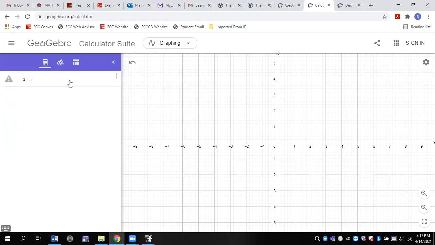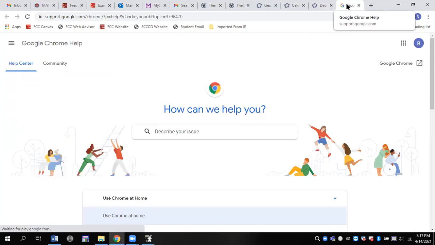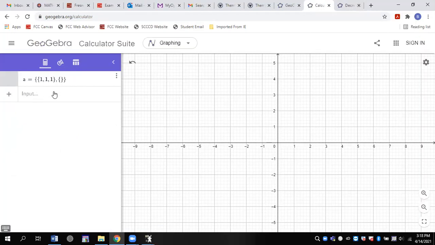So matrix A equals curly bracket. For the first row, 1, 1, 1. Next row, 0.103, comma, 0.042, comma, 0.0275.